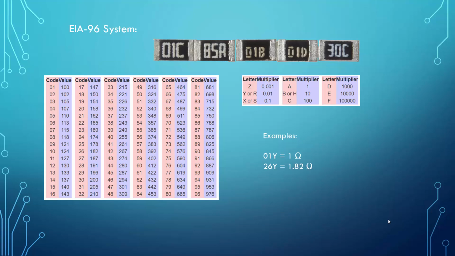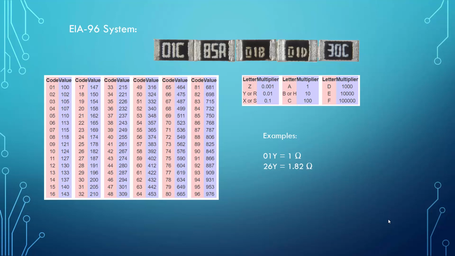The next example is 26Y. 26 from the lookup table is equal to 182, and Y, which is a multiplier, is equal to 0.01. So it will be equal to 182 times 0.01, which will be equal to 1.82 ohm.